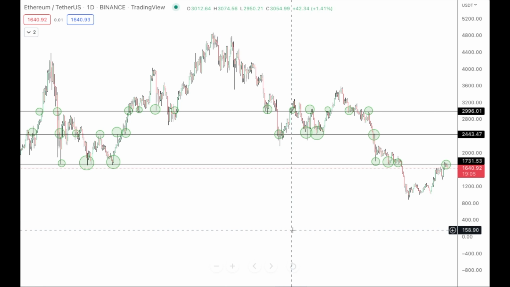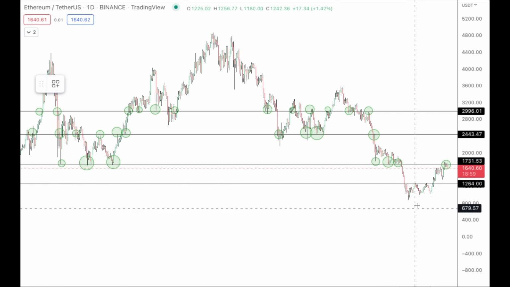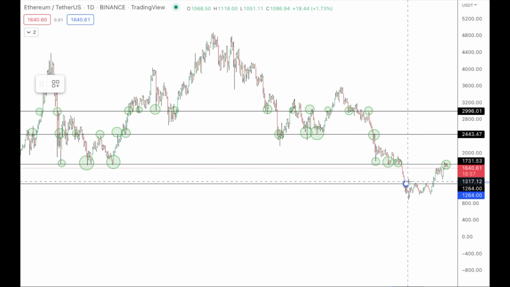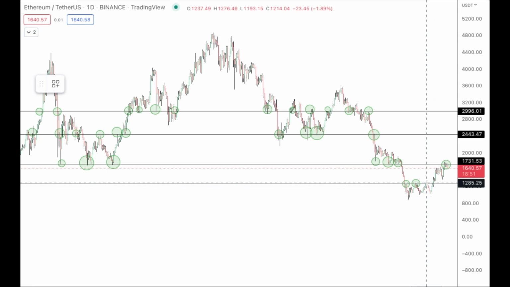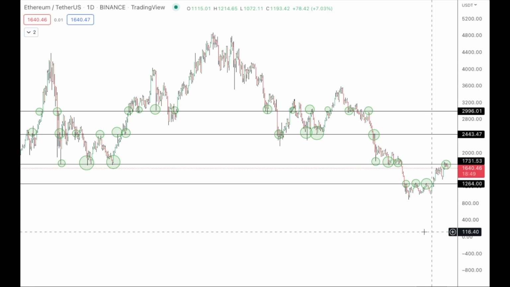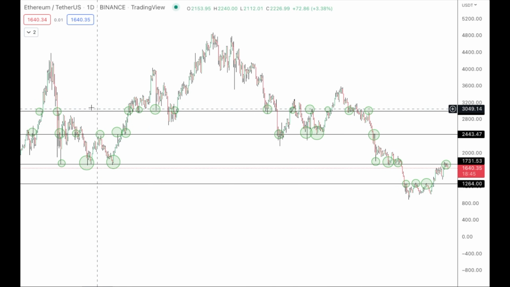Okay, technically we can still add one more zone over here. Right, these are also important areas. Alright, so this is basically how you see and spot these areas. There are more in between, but I don't want to overload the chart with too many lines.